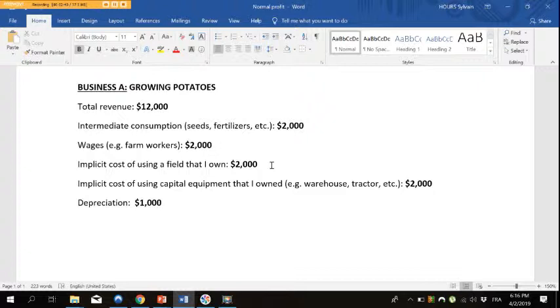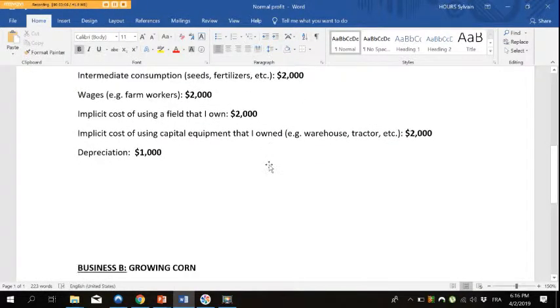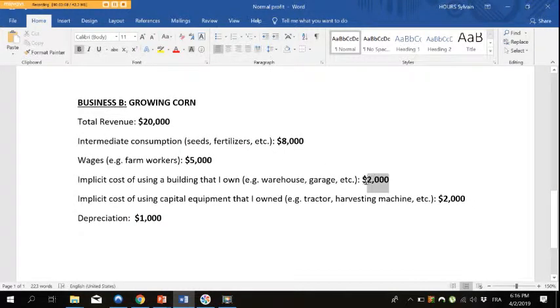So in this case, using the field will entail an implicit cost, in the sense that when the farmer chooses to use the field to run his own business, then he gives up the opportunity to rent this field and to receive money in return. So the $2,000 that we have here could be the rent that he could have received if he had decided to rent his field rather than to use it himself. So it's the same for business A and business B.